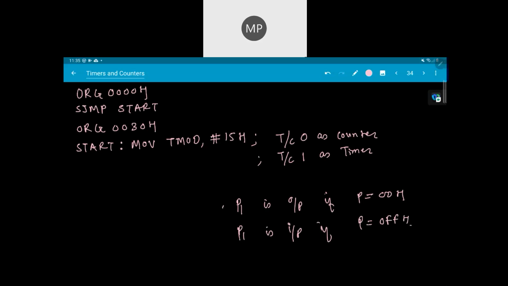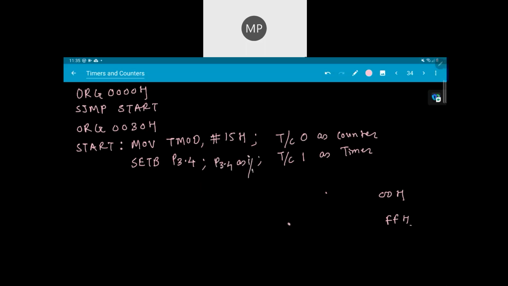So if there is a mistake in previous lectures, please correct it. Okay, so let's continue. Now the second step in the programming is to make pin 3.4 as input pin. So to make it input, we have to send 1 into that pin. So we'll send 1, that is SETB P3.4, right? So making this pin as input.